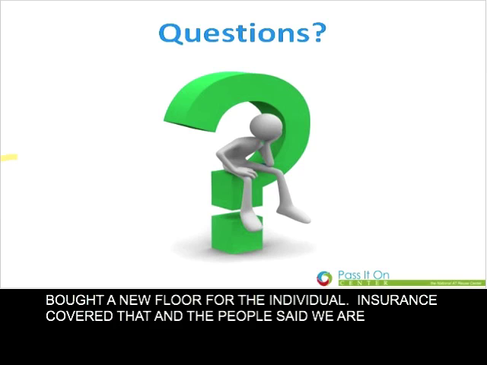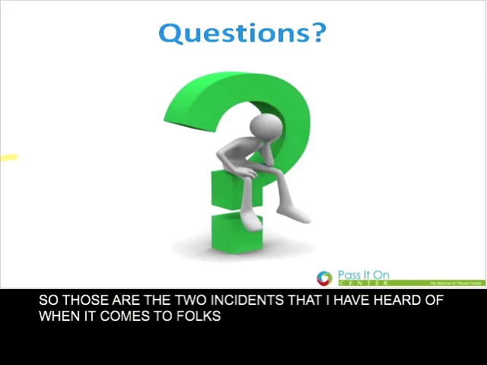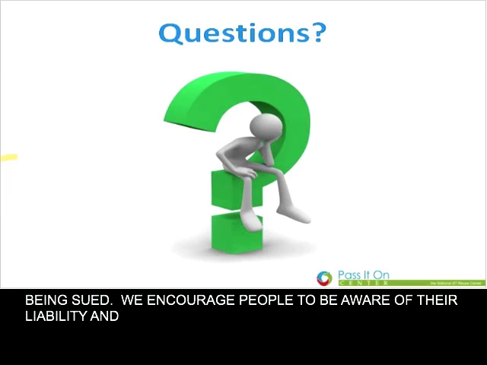And then the other one was where somebody had gone into someone's house and dropped a piece of equipment, and it fell through the floor. And it was a university related program, and the university just bought a new floor for the individual.